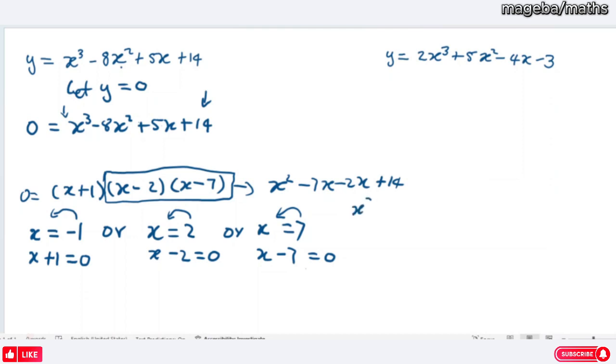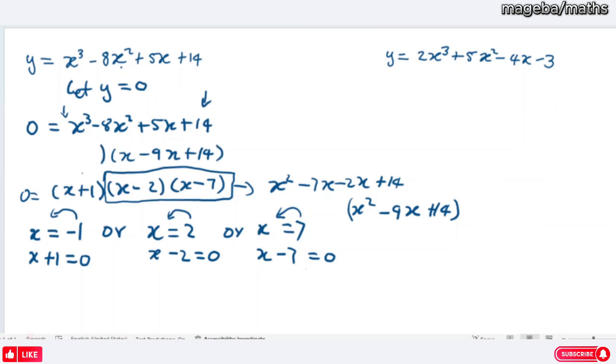And then from here, x squared, and then negative 7, negative 2 gives me negative 9x, and then plus 14. So this one here is going to be x squared minus 9x plus 14.